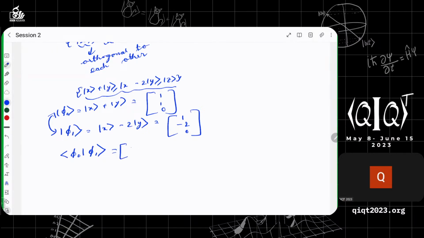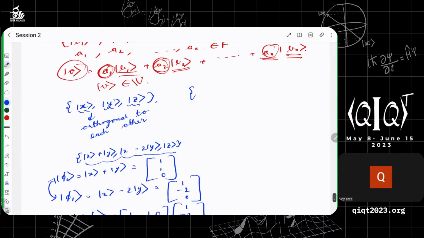So this would be 1, 1, 0 and 1, minus 2, 0. So this would be minus 1. So not 0. That means phi 0 and phi 1 are not orthogonal. So there can be bases where elements are orthogonal to each other, and there can be bases where they are not orthogonal to each other.